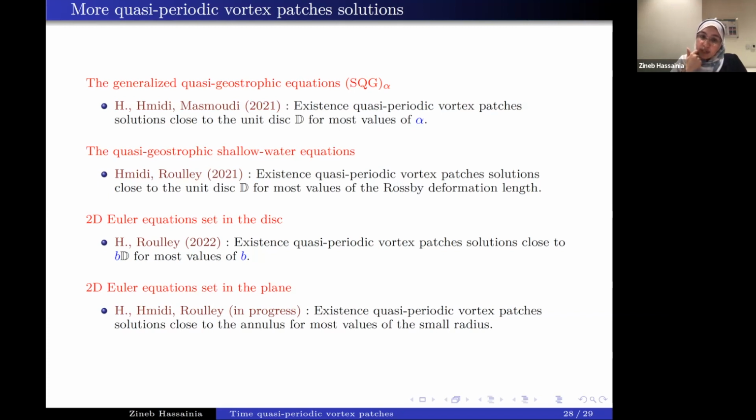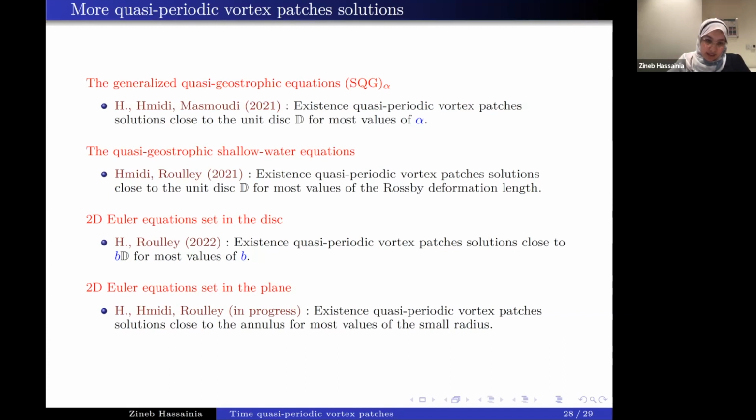And Hmidi and Roulley proved that for the quasi-geostrophic shallow water, they have a similar result: for most values of the Rossby deformation radius, they get a quasi-periodic solution close to the disk. And with Roulley, we get a similar result. We take advantage of the lack of invariance by dilation to construct a parameter B for which we can get rid of the resonances.